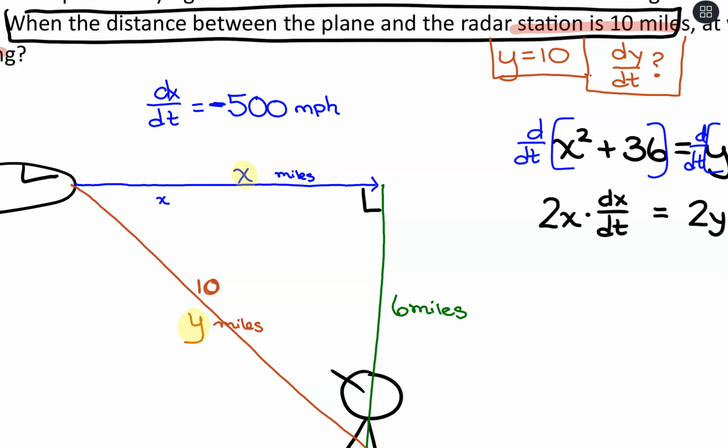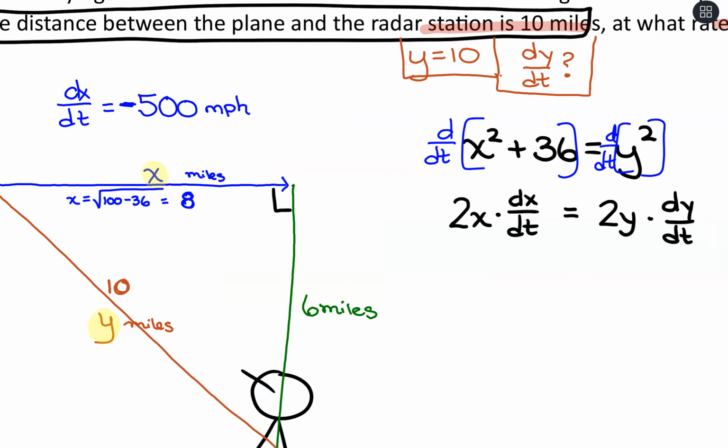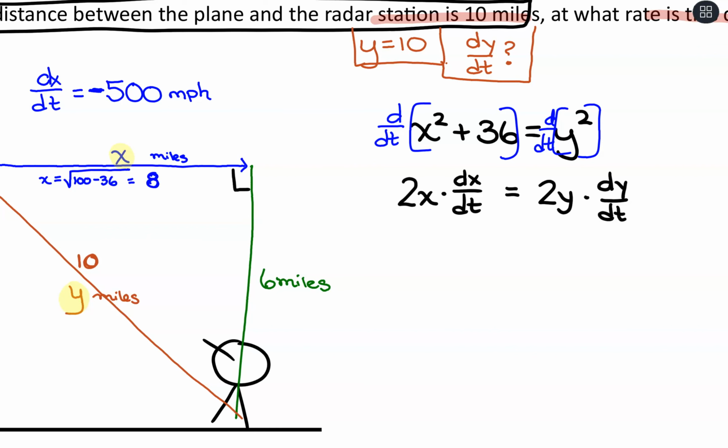So x squared plus 6 squared is 10 squared, so x is going to come from the square root of 100 minus 36 with our Pythagorean theorem, which will give us an 8. Okay, so at this moment in time, we would have 2 times 8 times negative 500 equals 2 times 10 times dy/dt.